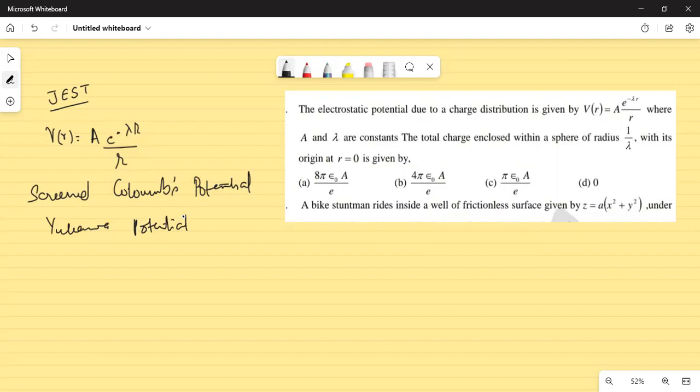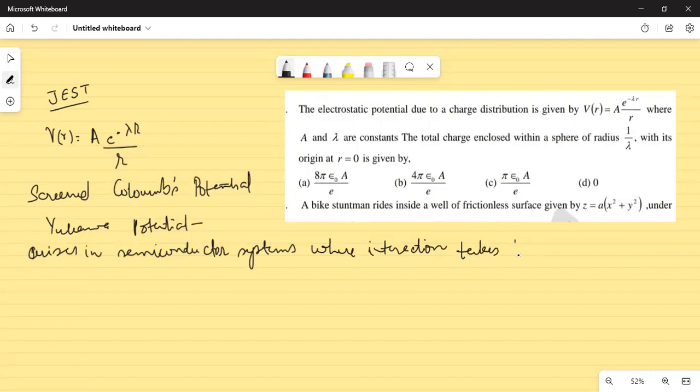This particular potential arises in, for example, semiconductor systems, where the interaction between the charges takes place in a medium which is a dielectric medium.